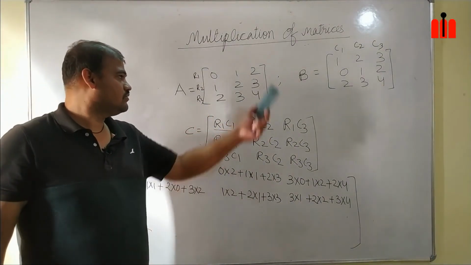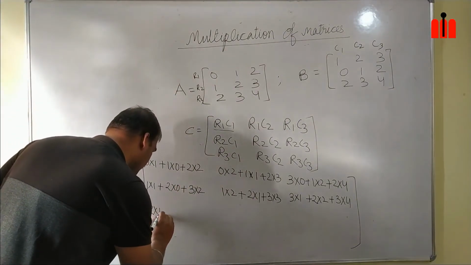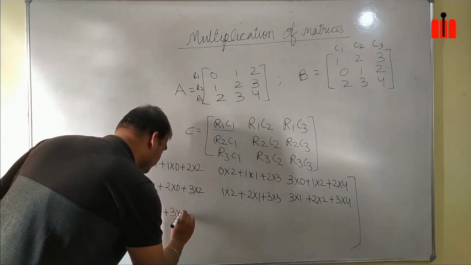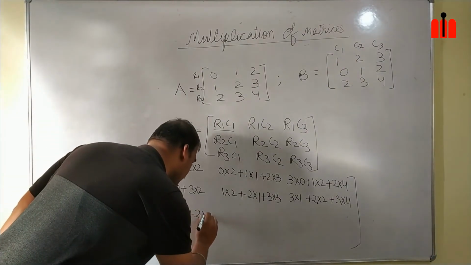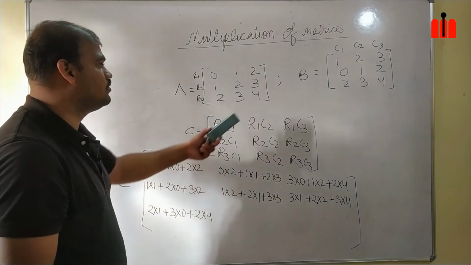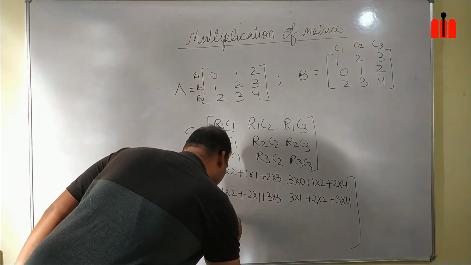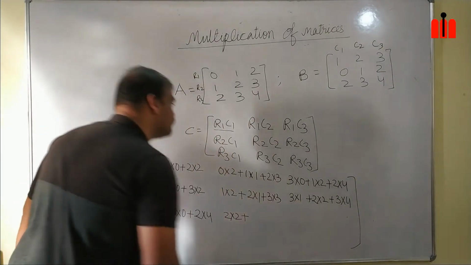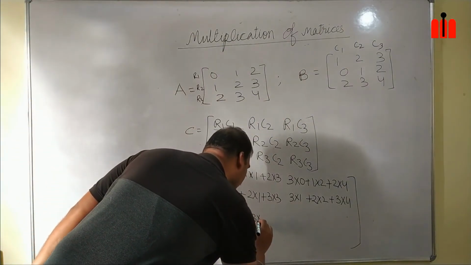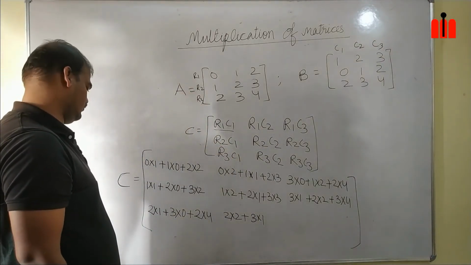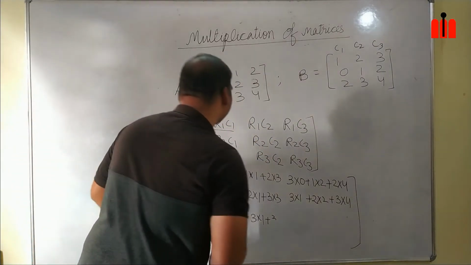Now you take R3 now, it will be R3 C1. So it will be 2 into 1, 3 into 0 plus 4 into 2. Now next element R3 C2, it will be 2 into 2 plus 3 into 1 plus 4 into 3.